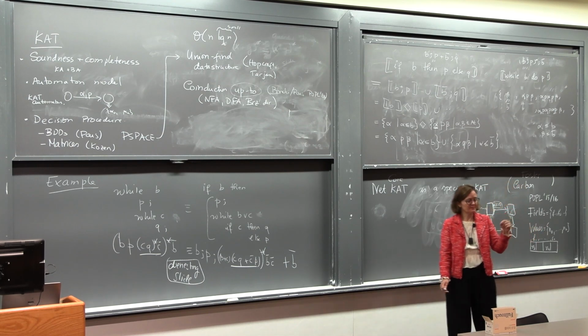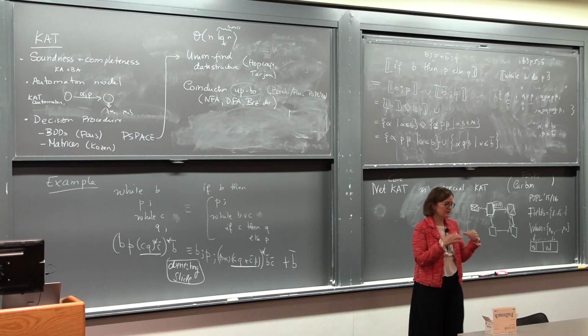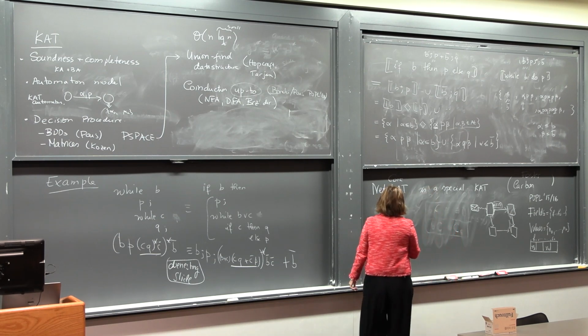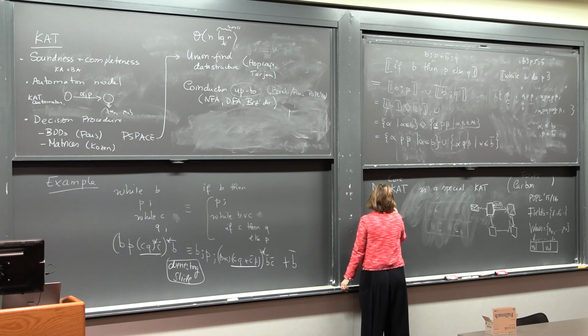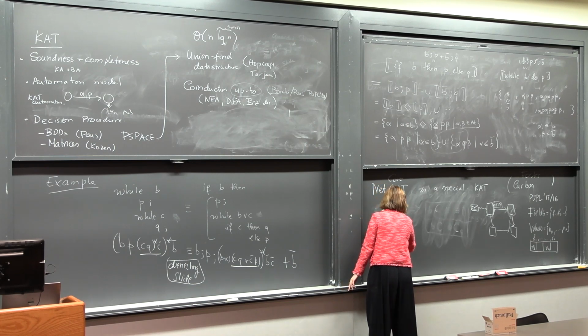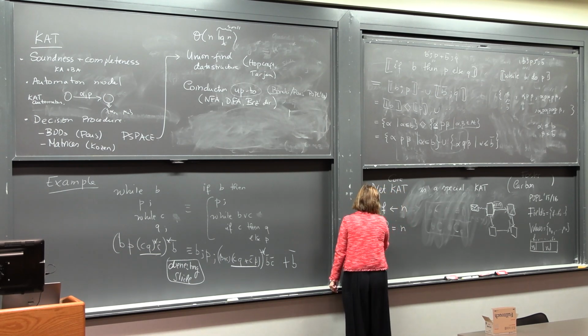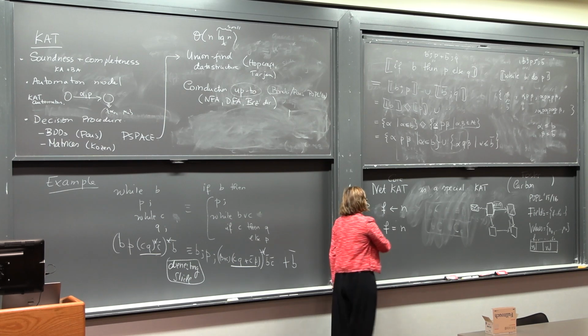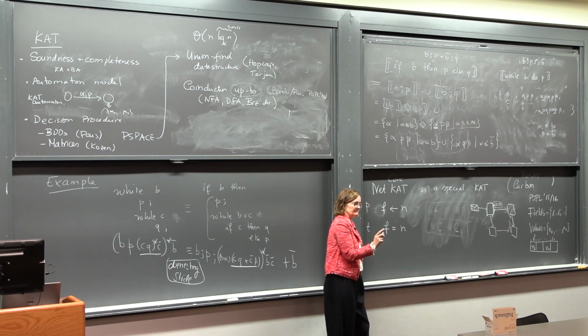And you're starting to see maybe where I'm going. I can test values, and I can set values. So NetKAT is a KAT where the tests and the actions, this is my P and this is my T from before, the program actions and the tests are pairs.